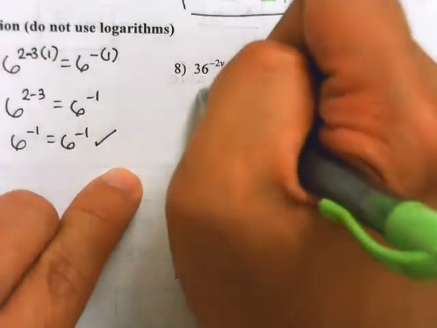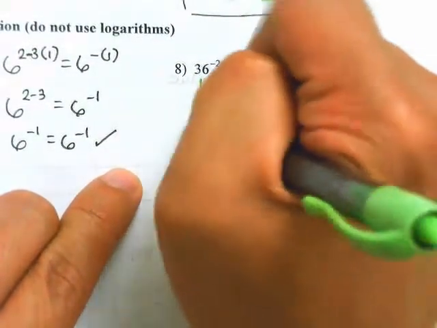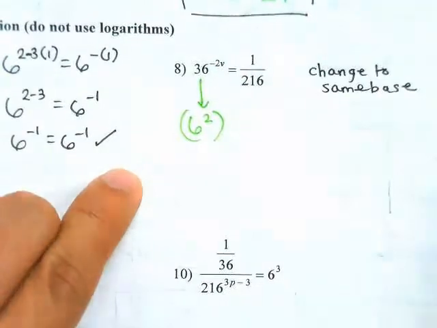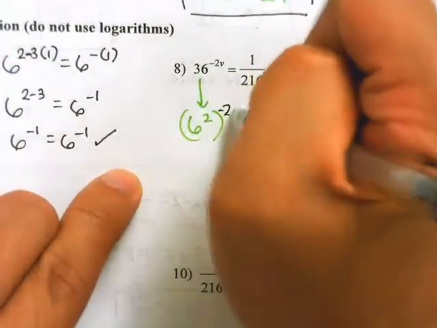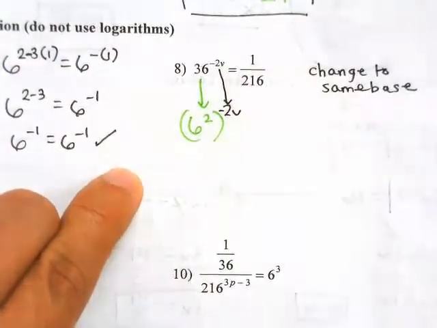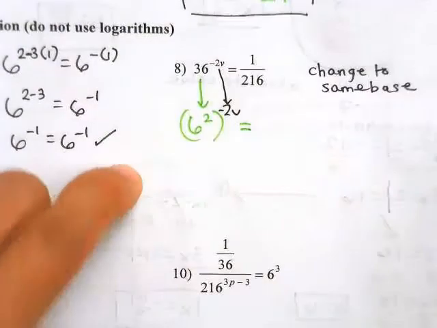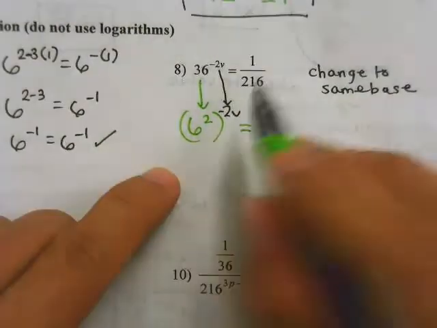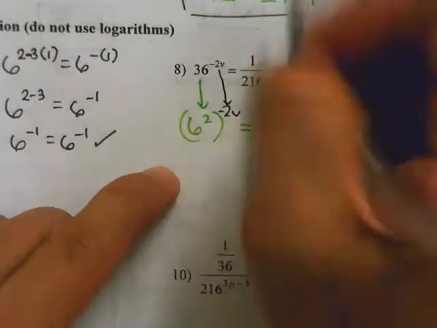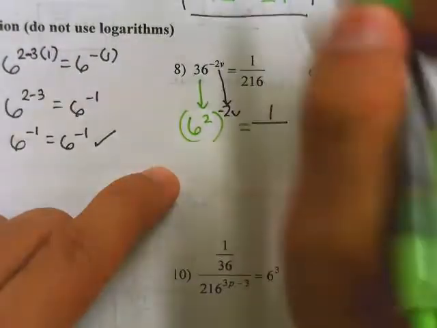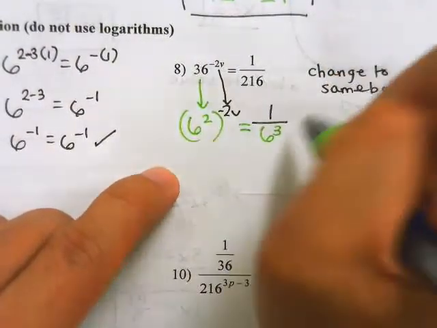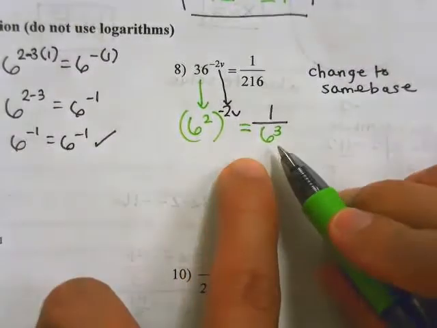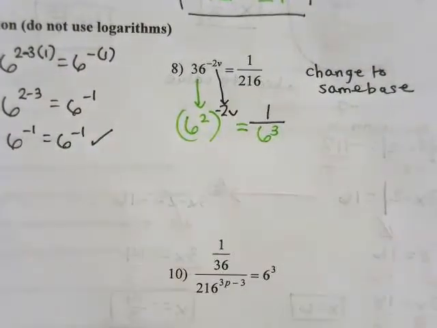I'm going to change that into 6 squared. And then you still have the negative 2v as your exponent over here. And then the 1 over 216, this is 1 over 6 to the third. This is 6 to the third power.